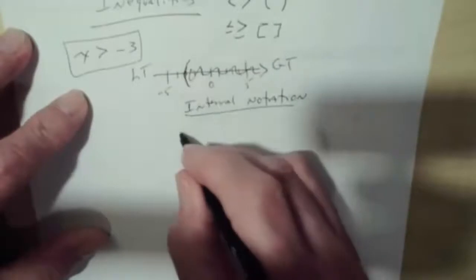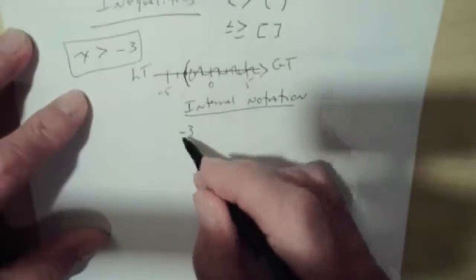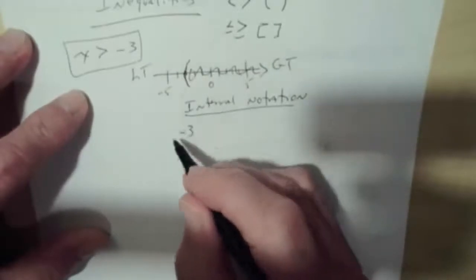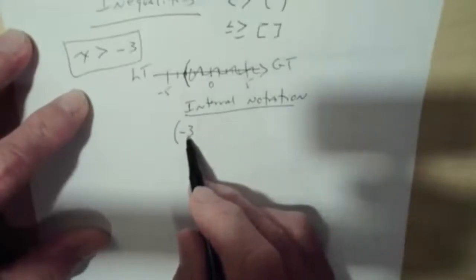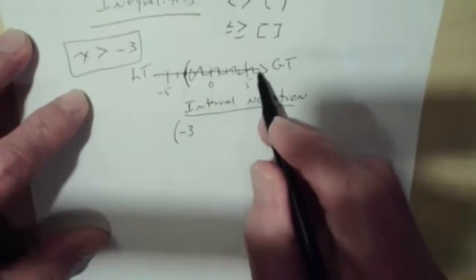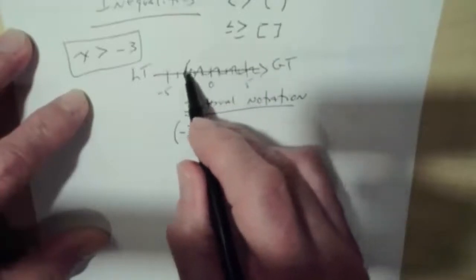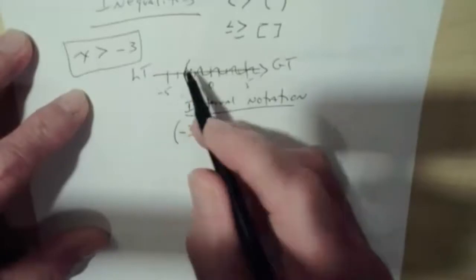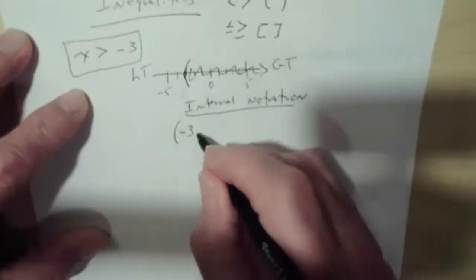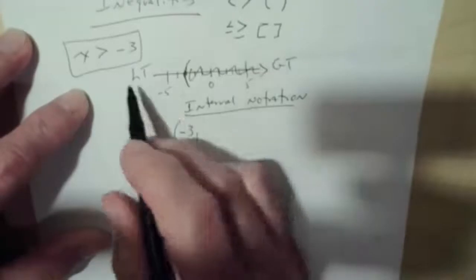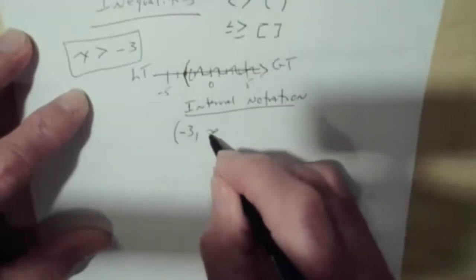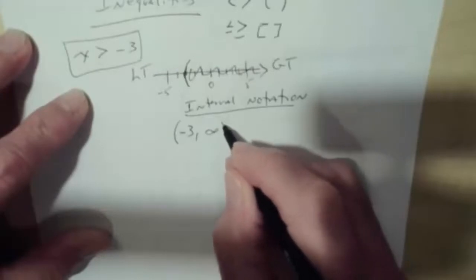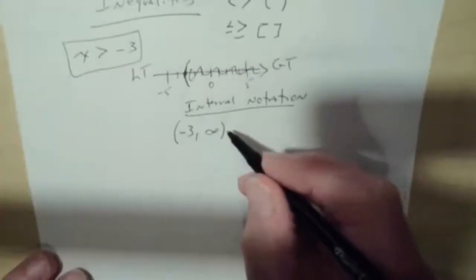Do we use a parenthesis or a bracket here? Parenthesis, because it does not include the number -3. It's all of these numbers down to -3, but not including -3. And then what's on the high side? What's the most this number could be? Positive infinity, again with a parenthesis, because infinity does not end.